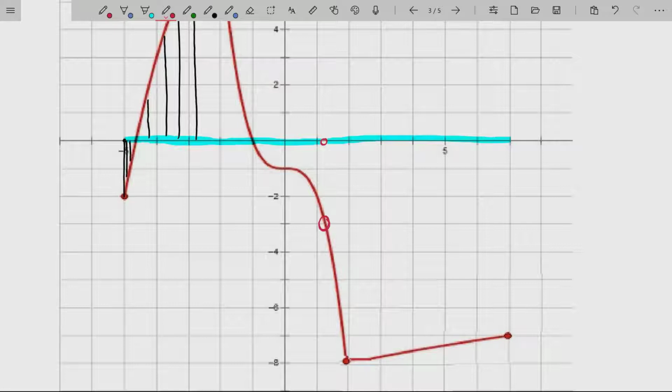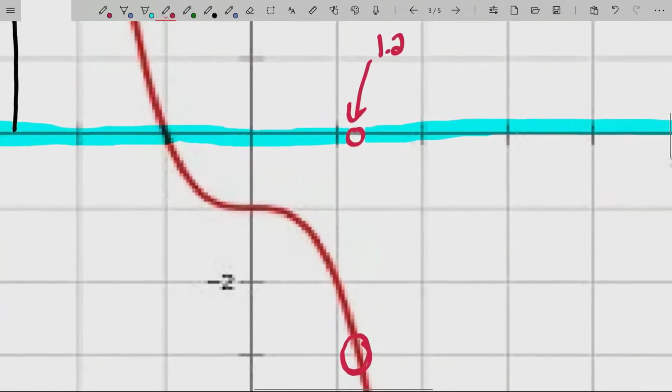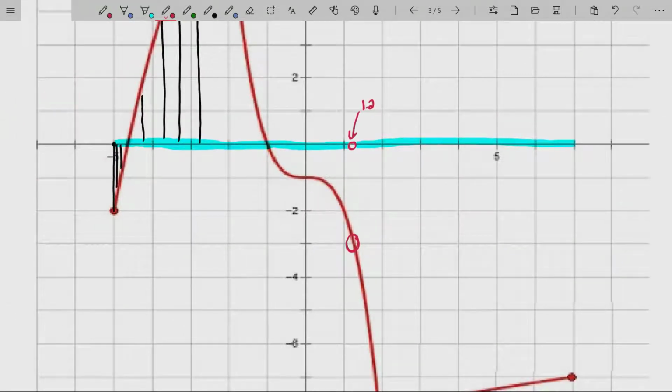And in that case, let's just pretend that that value was x equals 1.2. It looks like a 1.2 to me because these hash marks are every one, so I'm okay with that being a 1.2.